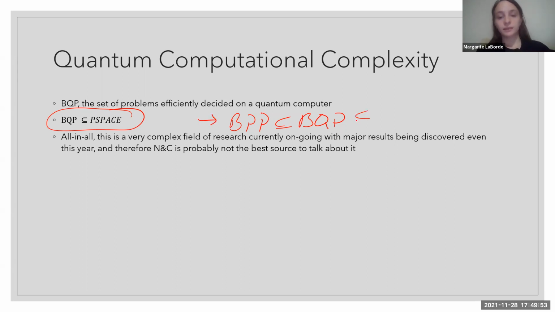And then you have this is in PSPACE, which is a really big complexity class that is kind of mind-boggling. All that this system of inclusions tells you is that if we have a problem that you can definitively do efficiently on a quantum computer but not on a probabilistic classical computer, then you can say something like this, which again, don't worry too much about.